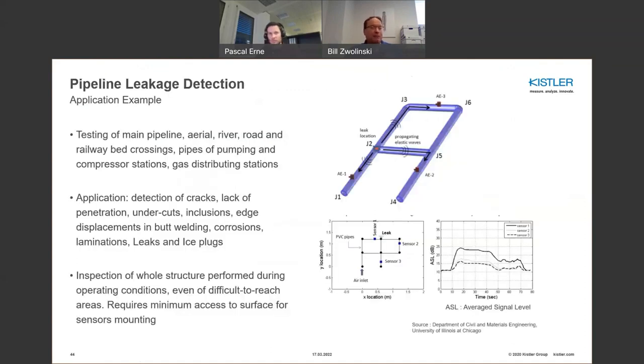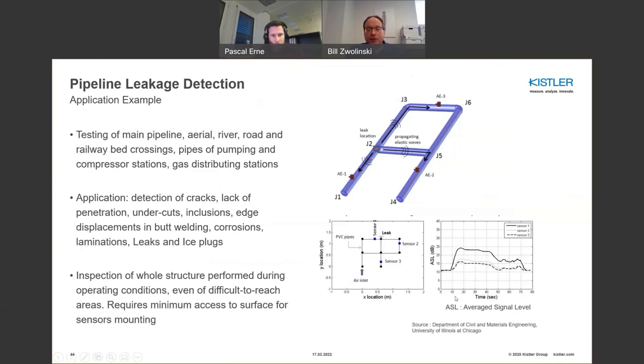Another one is pipe leakage detection. Here, in this case, there were three sensors, AE1, AE2, and AE3. And here you had basically a leak occurring, and you had waves propagating in each section of the piping.